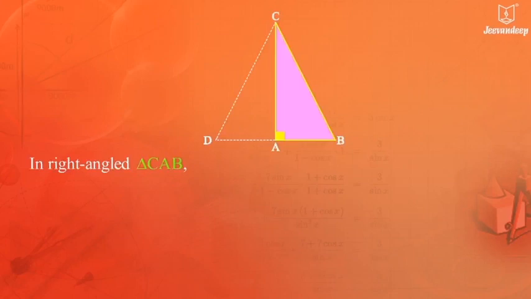In right-angled triangle CAB, AC square plus AB square equals BC square according to Pythagoras Theorem.